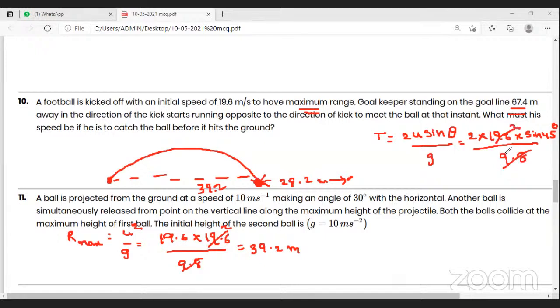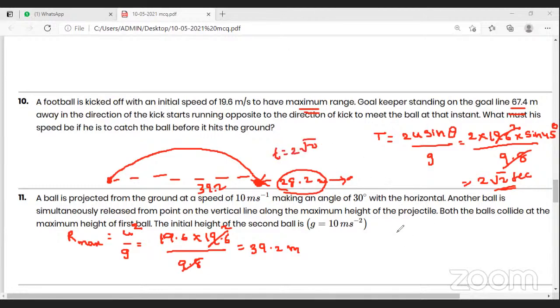Again 19.6 by 9.8 is 2. This will be 2 into sin 45. Sin 45 is 1 by root 2. So 2 into 2 by root 2, it will be 2 root 2. What is the time taken? 2 root 2 seconds. So to travel this distance, he should take the time of 2 root 2 seconds.